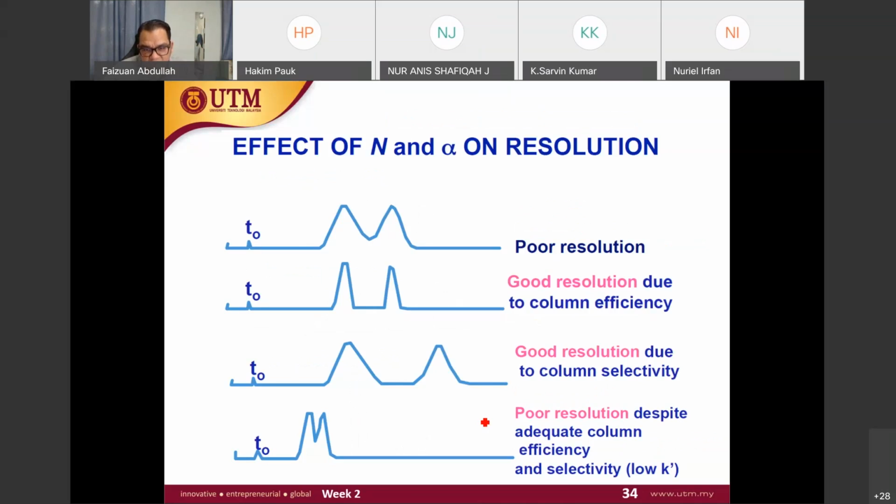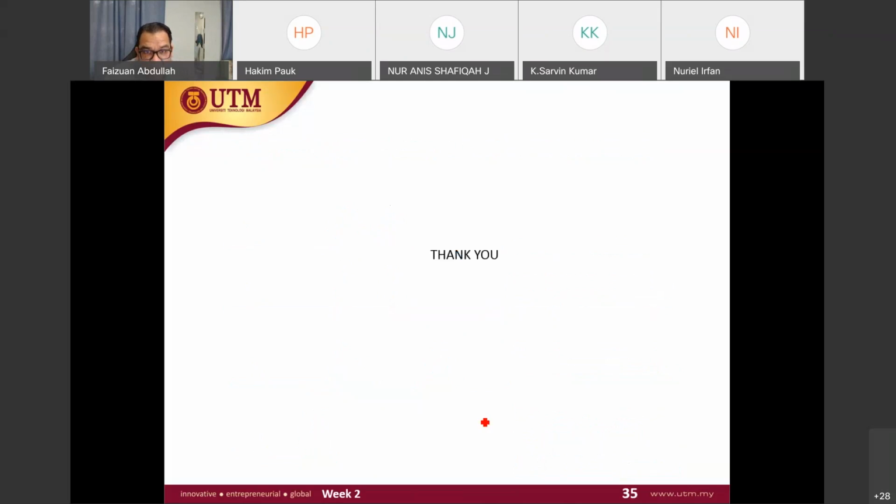Remember, good efficiency means the peak is quite sharp, and good selectivity means the two peaks will be well separated. And the last one is poor resolution despite adequate column efficiency and selectivity, due to a low K. This is quite sharp, but not well separated.